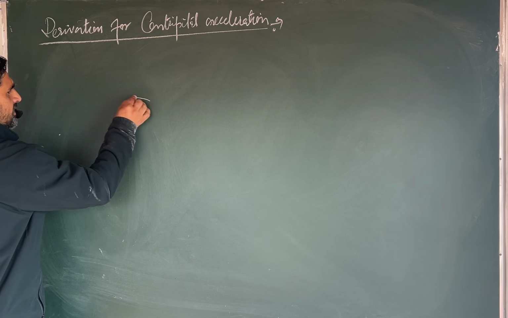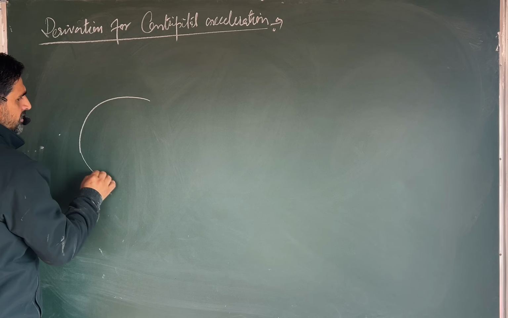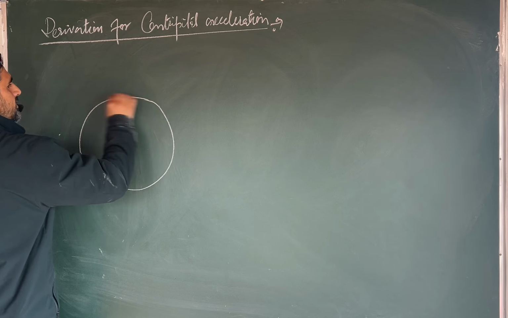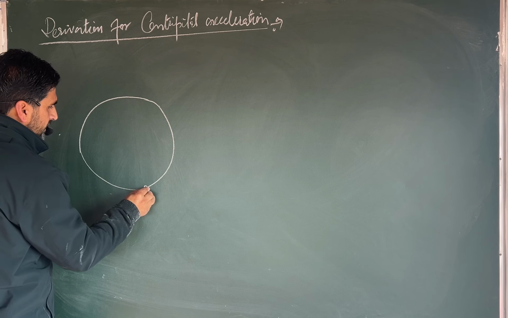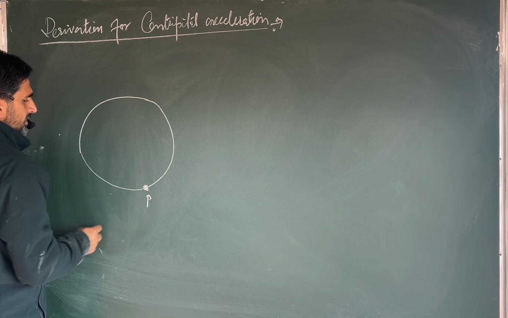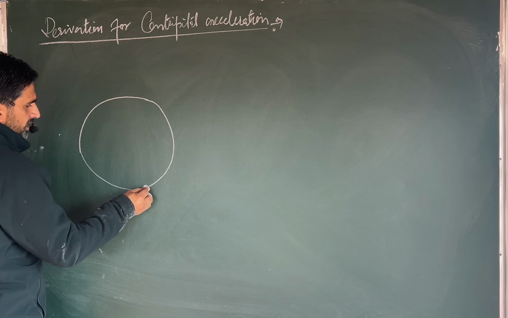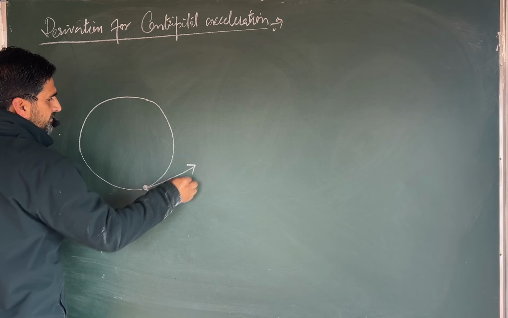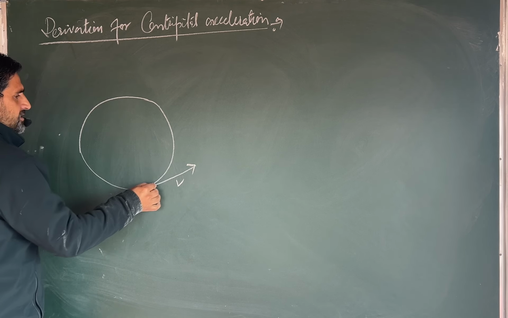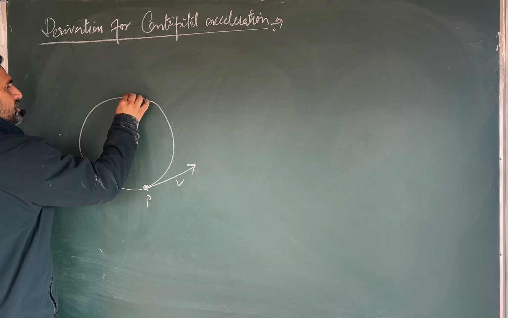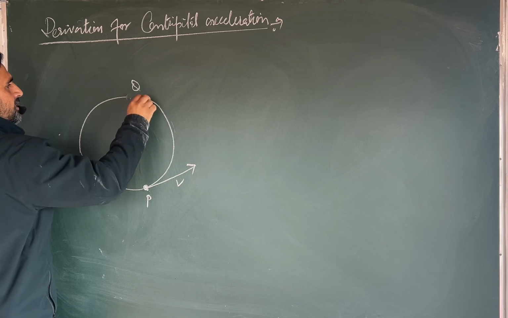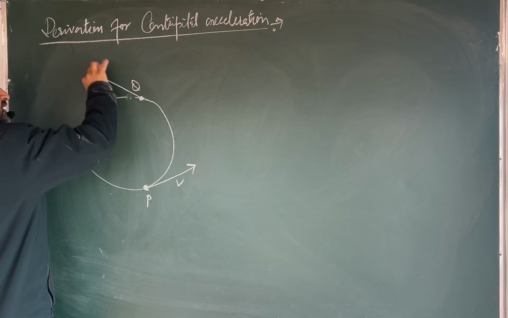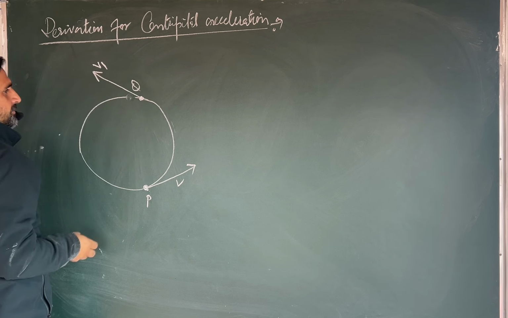Let's consider an object moving in a circular path. The object, say at point P, is moving in a circular path with a uniform velocity v, and after some time it reaches another point Q with the same speed, v dash.